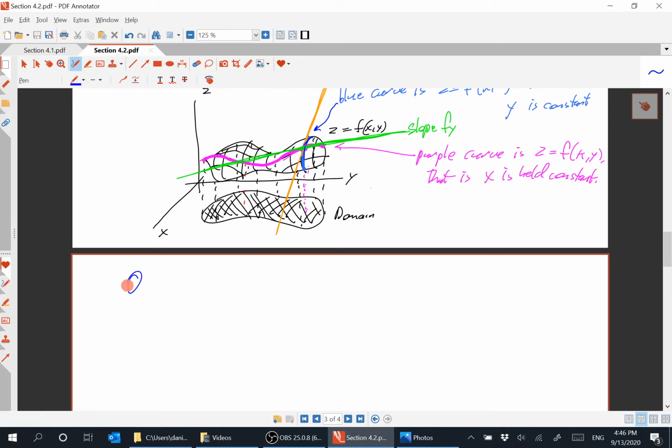Okay, so other notations, these are important, for partial derivatives.